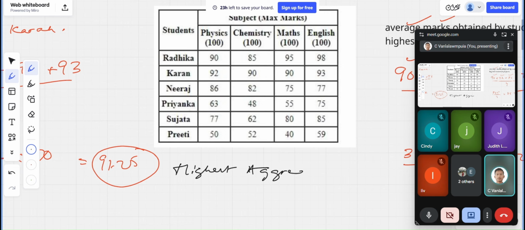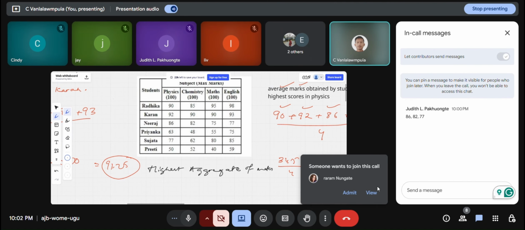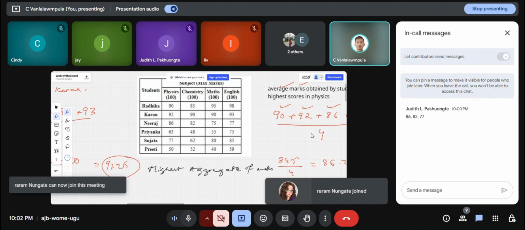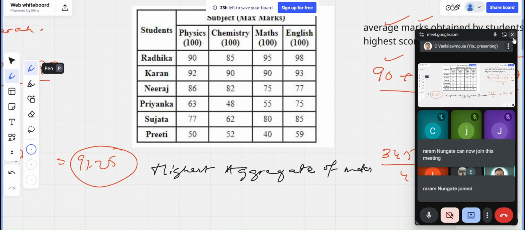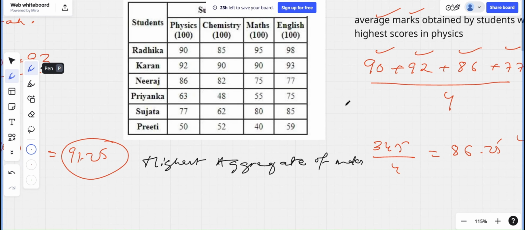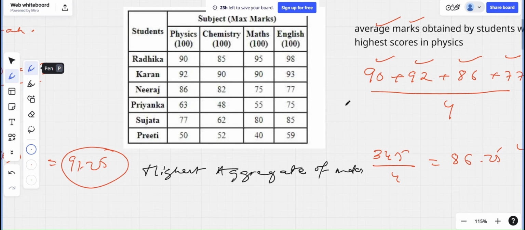You can use a calculator. Quick, I'm waiting. Time is not waiting for us. How do you find the highest aggregate of marks? I'll wait for 30 seconds.